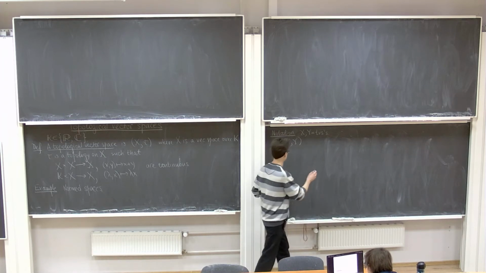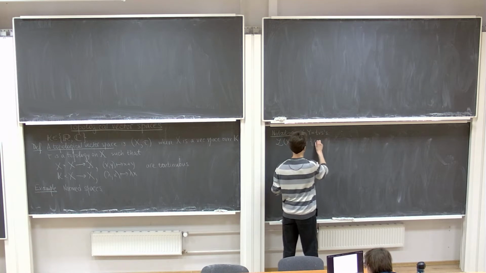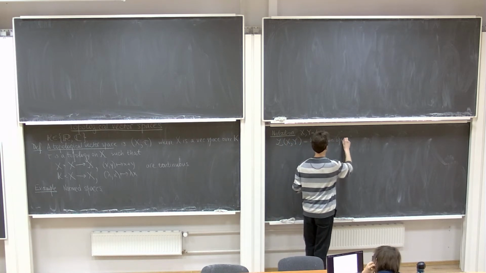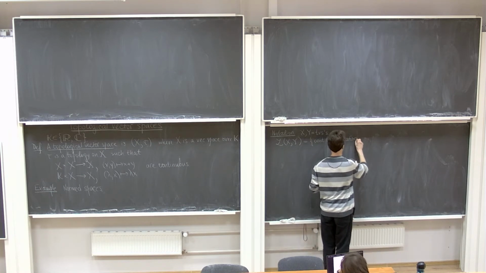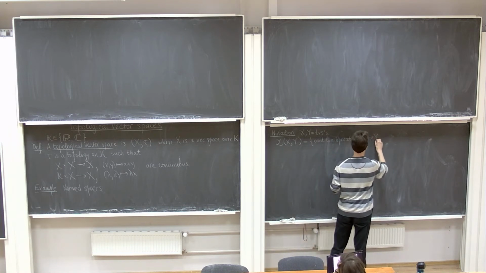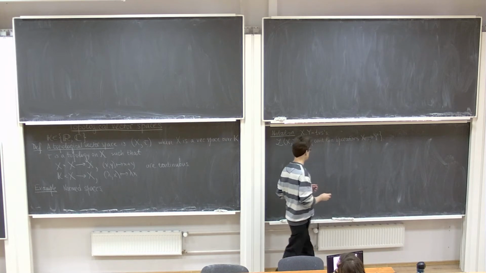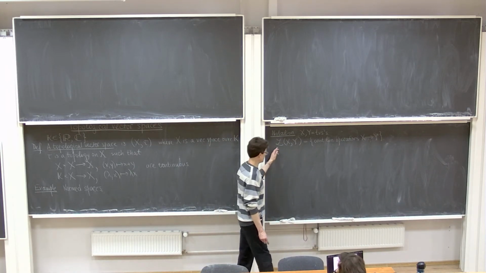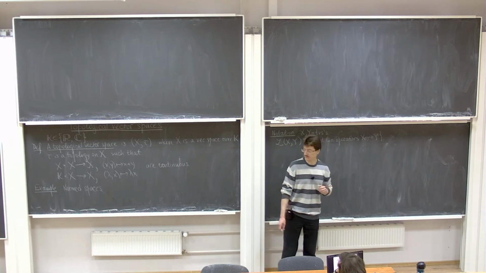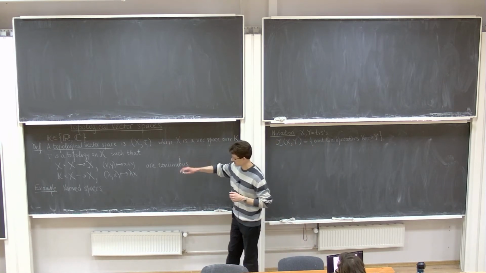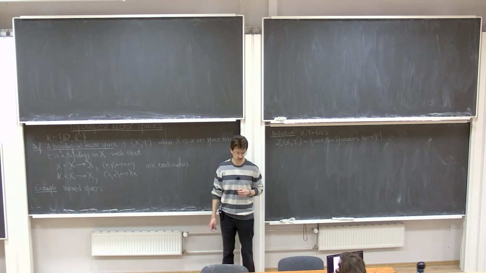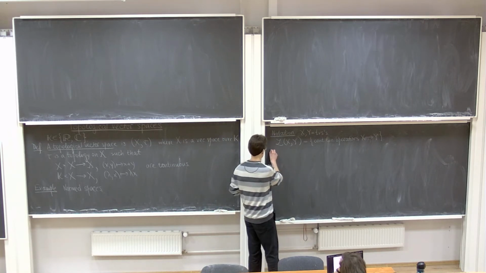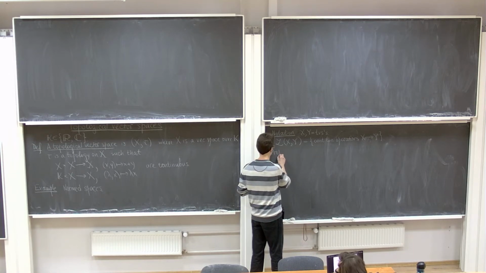This is script L. This is the set of all continuous linear operators from X to Y. In fact, this is not just a set. The axioms of a topological vector space already imply that the topology on X is shift invariant. And this implies the following.